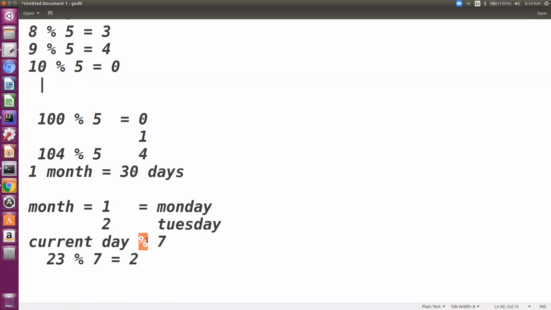Logically, there will be cases where you will actually need to write such logic. You cannot say, okay, first was Monday, so I keep adding 7 and this is Tuesday. There are shortcuts, and this percentage operator provides that shortcut, right?